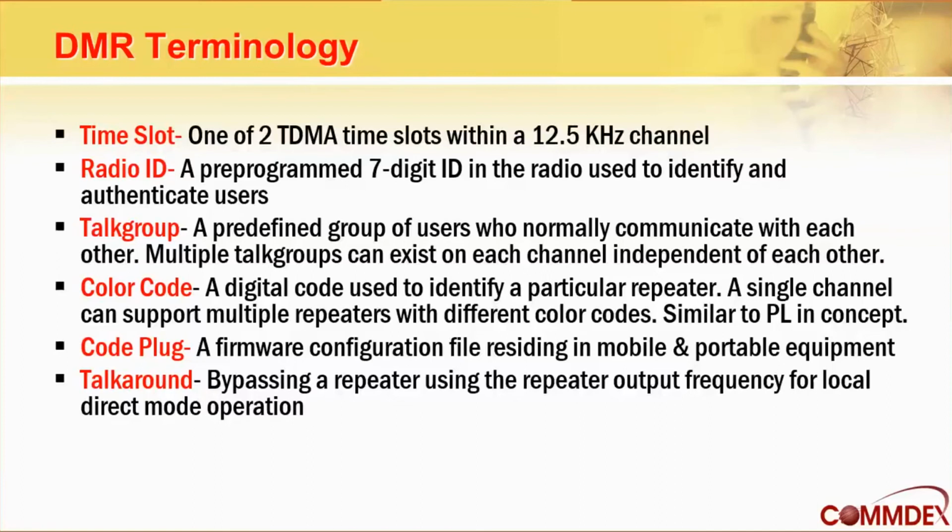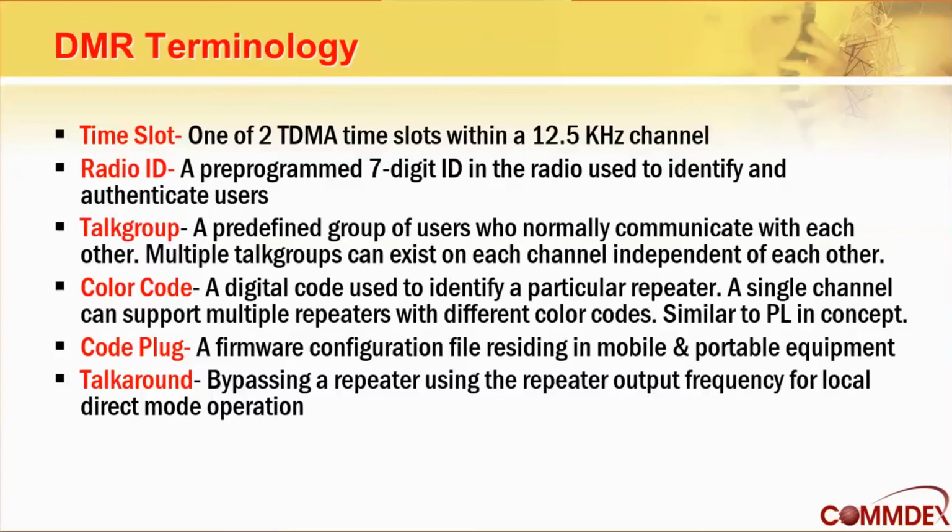Now here's a term that is unique to DMR called the color code. Think of this like a NAC code. It's a digital code used to identify a particular repeater. So it's similar to PL in the analog world or NAC in the digital world, but color code is a DMR term.